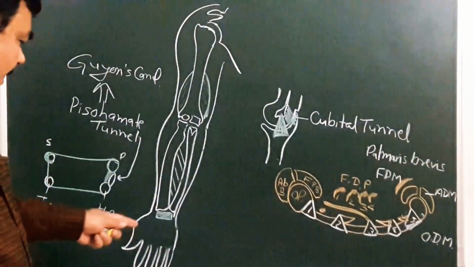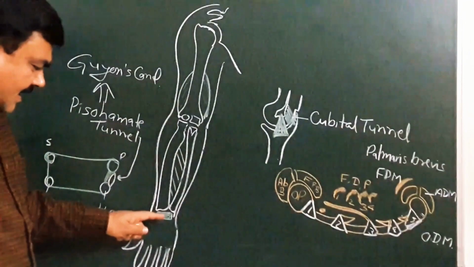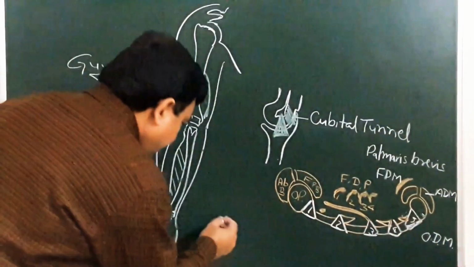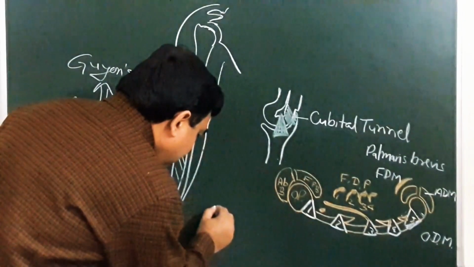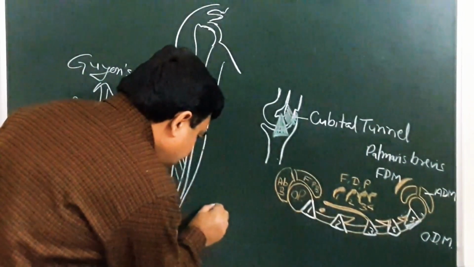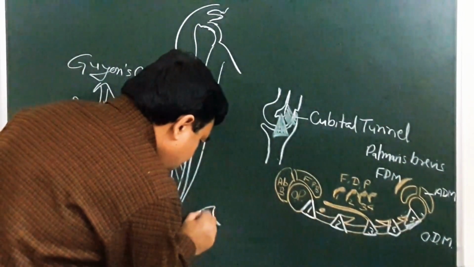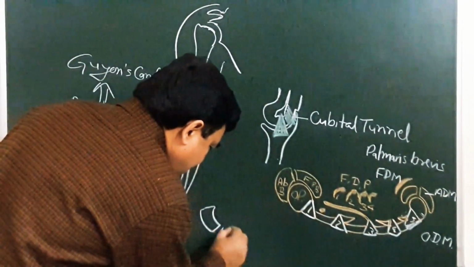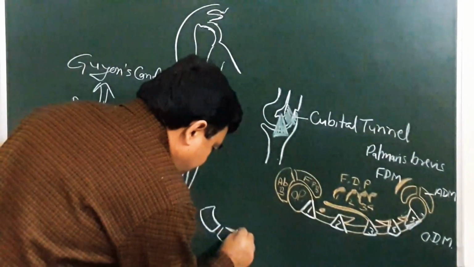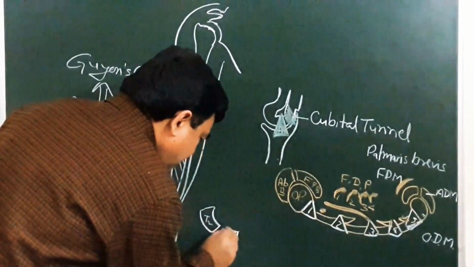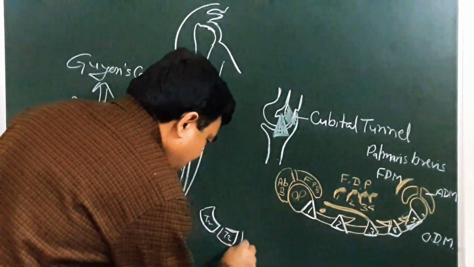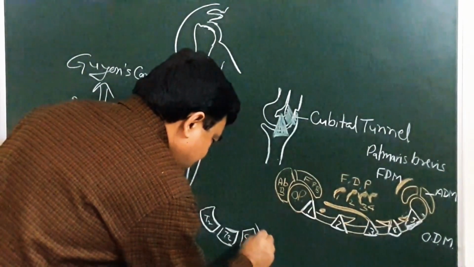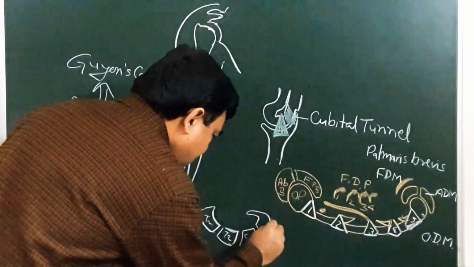And if you cut a section at this level, you will find the trapezium, trapezoid, capitate, and hamate.